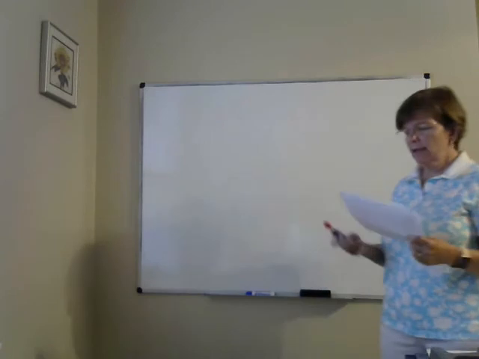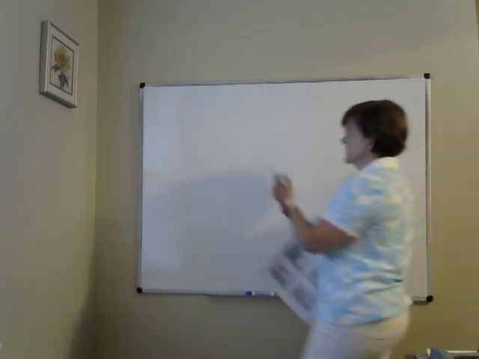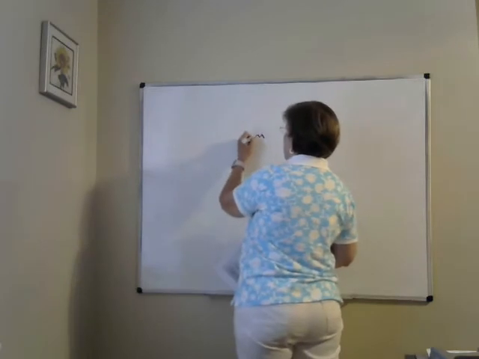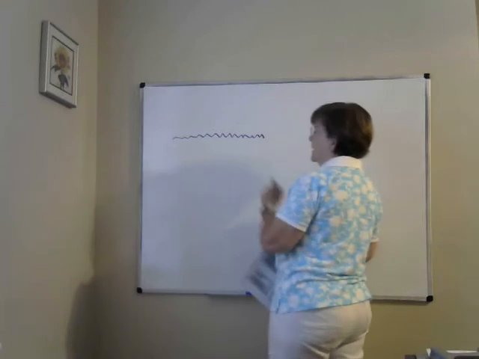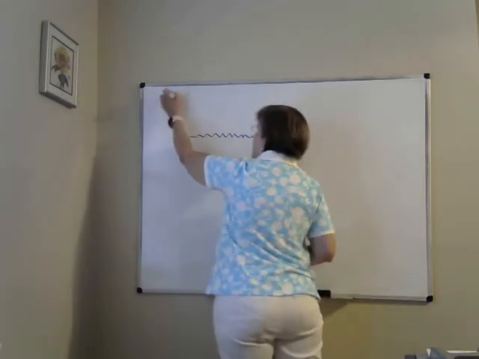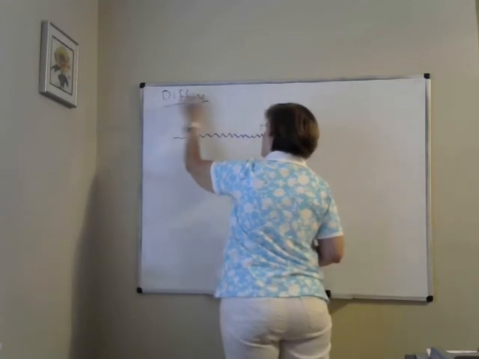So, for example, most things, if you look at them closely, are somewhat rough if we were to examine them under a microscope. And when you have something that's rough, we get something called diffuse reflection.